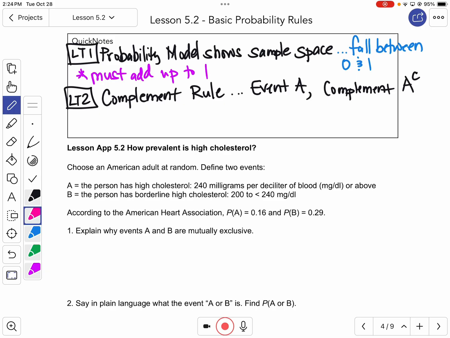I like to refer to that when I see it as not A. So when I see A with a C, or the complement of A, that means I don't want A, I want whatever else is available. So the probability of not A, we can always find that complement probability by taking 1 minus the probability that we know.